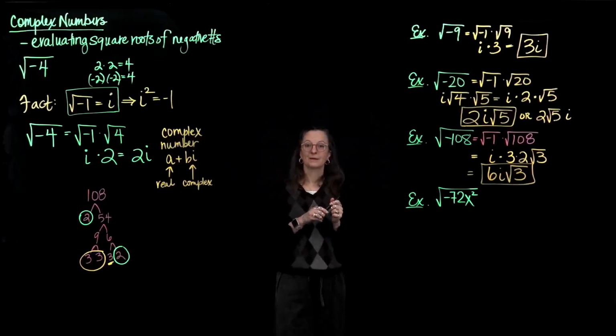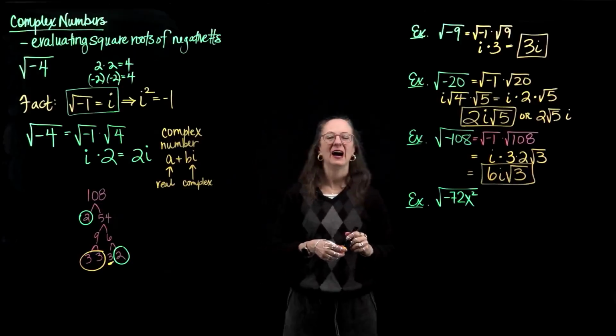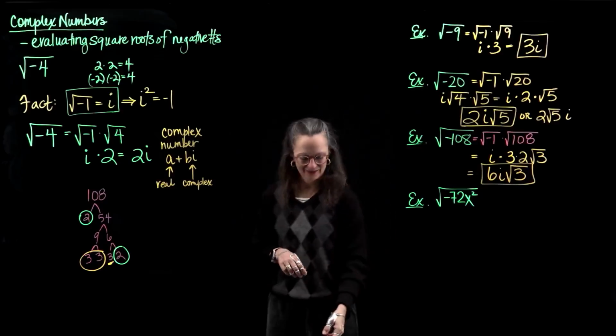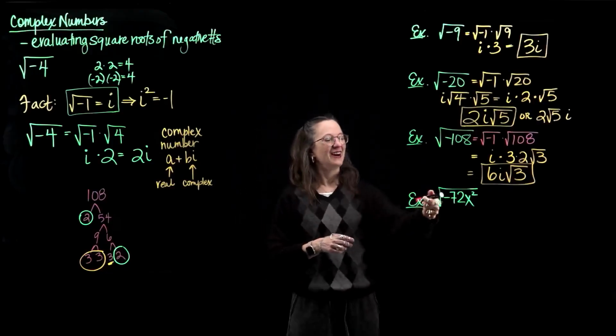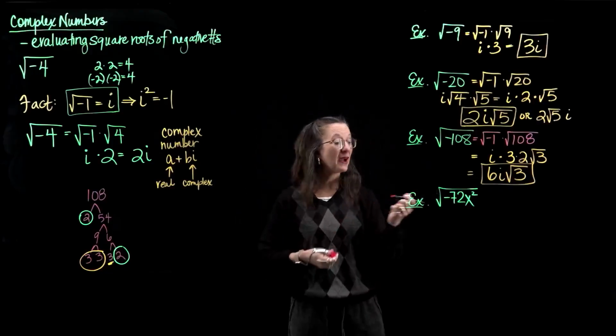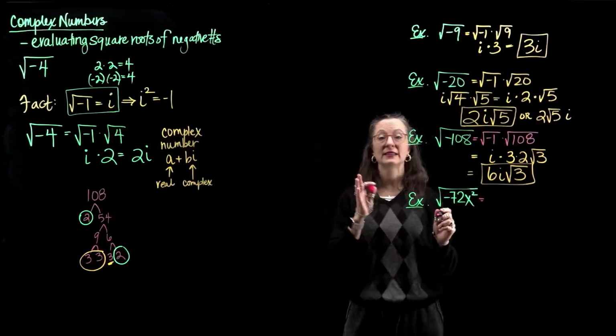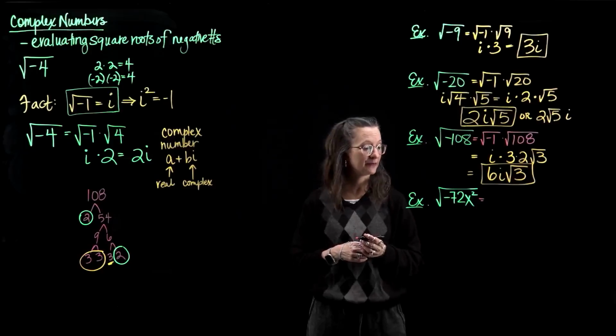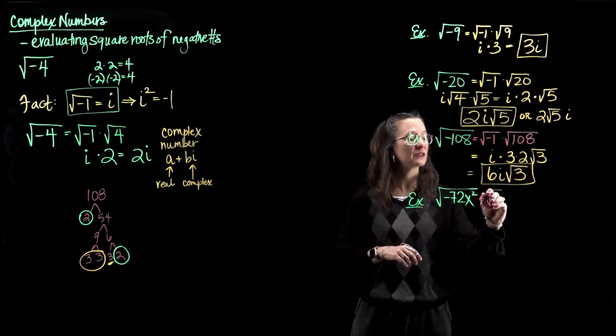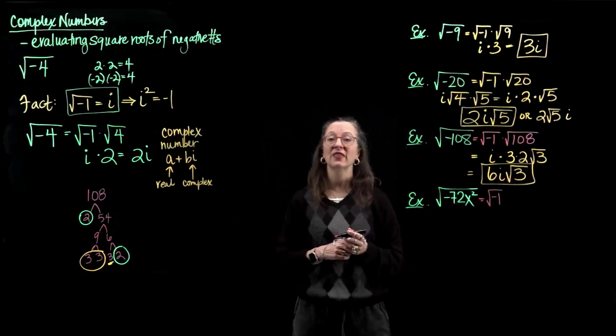Okay? For the last one, I put some x's in there for your own good. All right, we're going to break this up 3 ways. It's square root of -72x squared. So the first thing I'll write down is square root of -1, and that's for that negative.